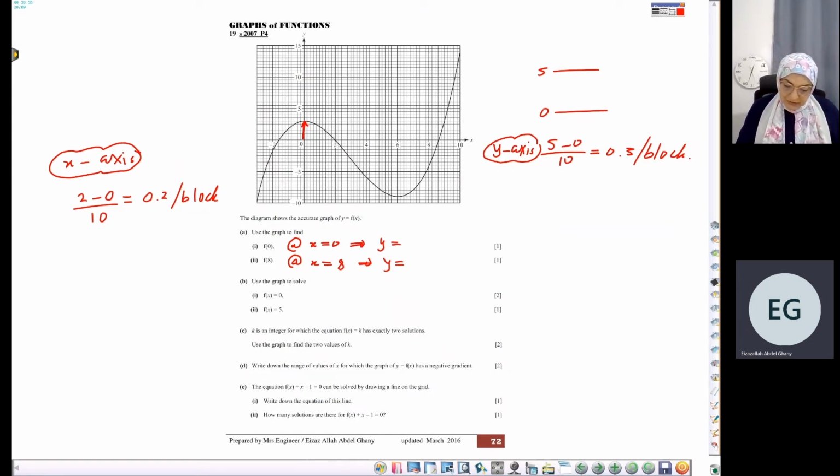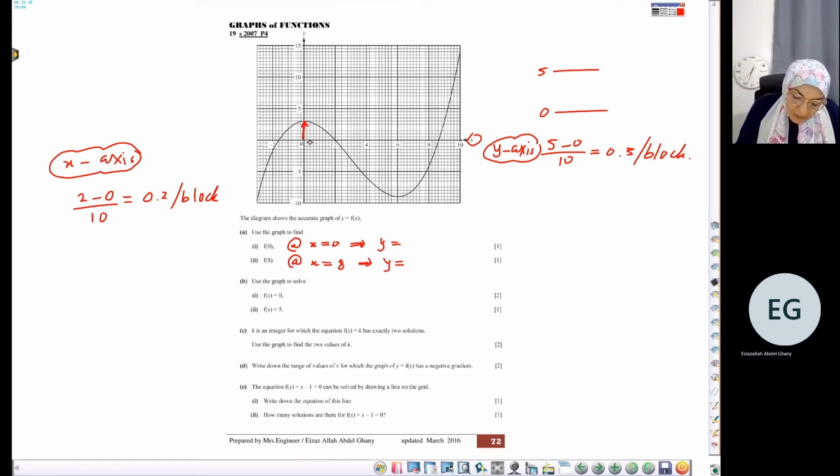F of 0 means at x equals 0, here is the x-axis. At x equals 0, you go and read y on the curve. So the y is 0.5 per block. So if every 2 blocks it's 1: 1, 2, 3. So this point is 3, y equals 3.